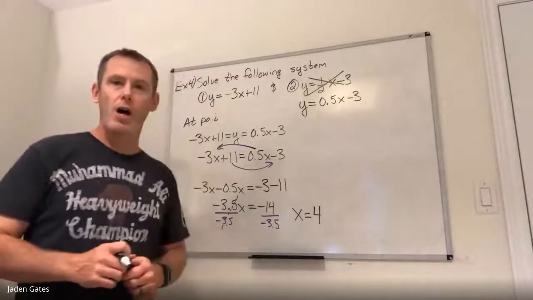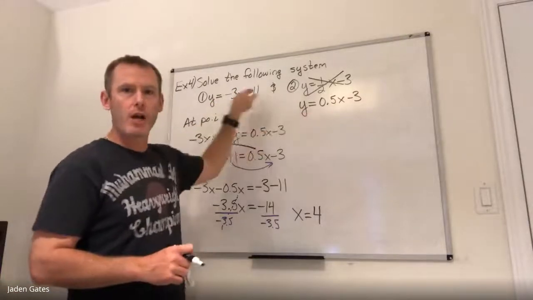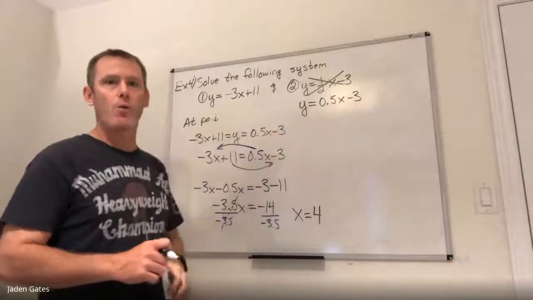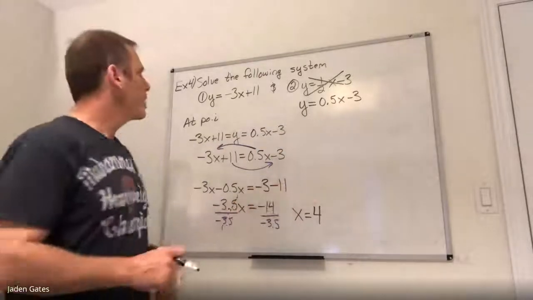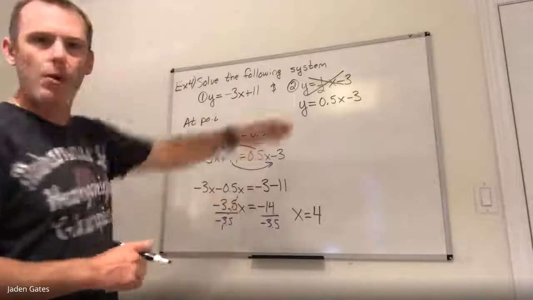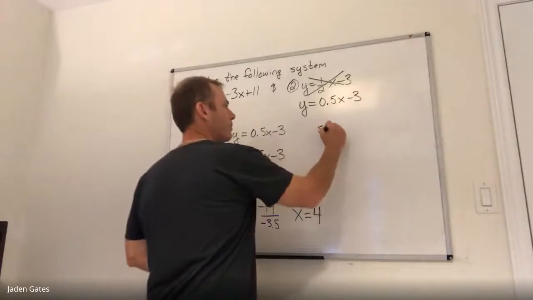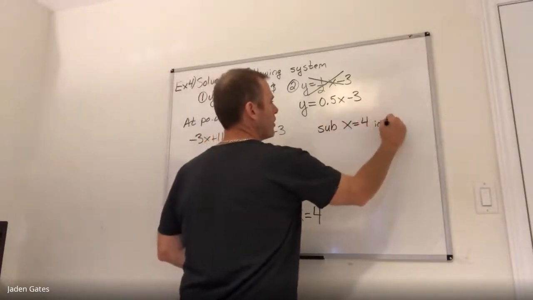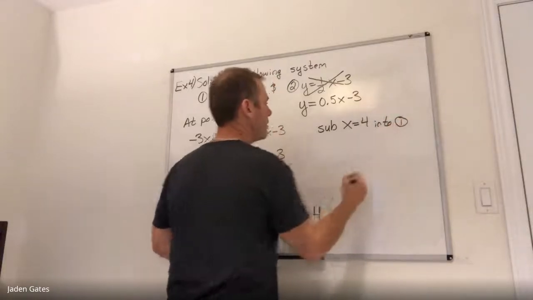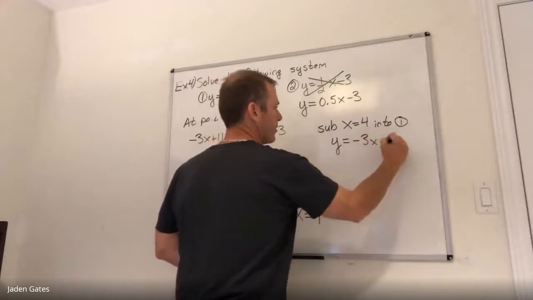Now I've got to find the y coordinate. I have 2 equations that I can use to find that y coordinate because they have the same x and the same y at the same time. If I had to pick, I'm going to stay away from the decimal, so I'm going to pick number 1. I'm going to sub x equals 4 into line number 1, y equals negative 3x plus 11.